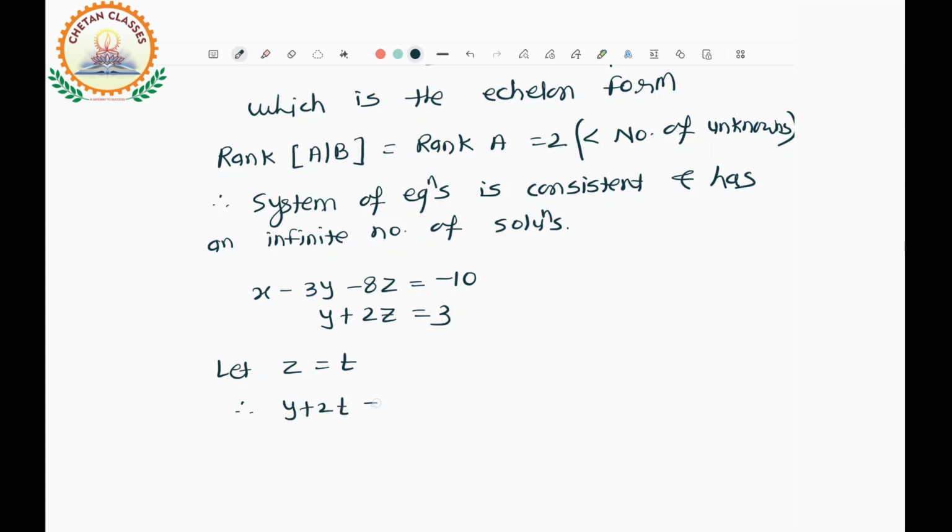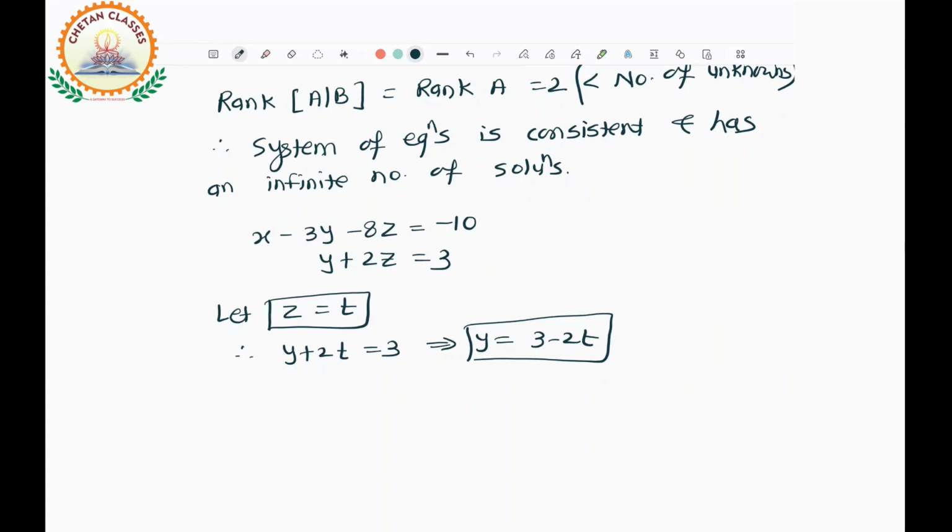Therefore y + 2t = 3, so y = 3 - 2t. Substitute y and z in equation 1: x - 3(3 - 2t) - 8t = -10.